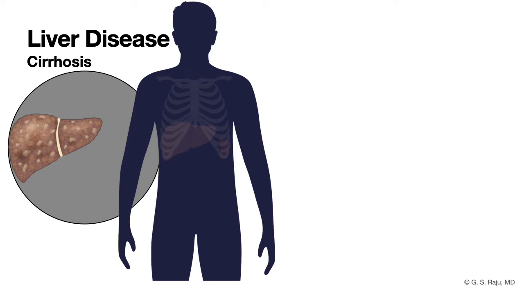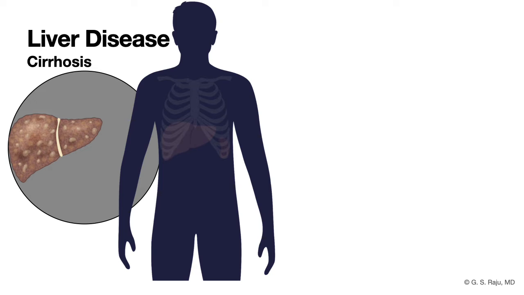So it's important to look at this picture: normal, hepatitis, chronic hepatitis with fibrosis, and then cirrhosis. And cirrhosis nowadays is being considered as compensated advanced chronic liver disease.